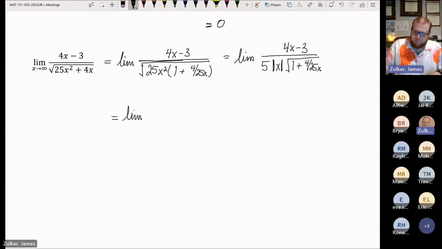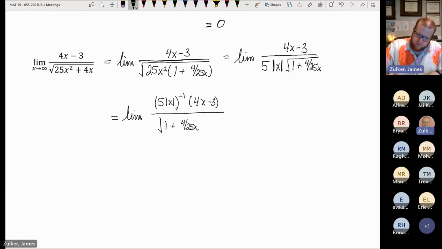All right, now we do the same thing. We want to move that term up to the numerator. We now want to distribute it through.